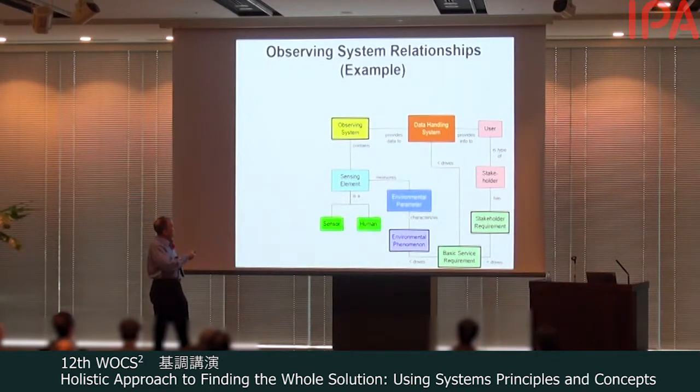So the observing system contains sensing elements that will take measurements of certain parameters of the environmental phenomena. Let's say the phenomenon of a typhoon. What parameters of a typhoon do we care about? Well, we care about the wind speed, wind direction, precipitation, precipitation density, wave height, ocean temperature.